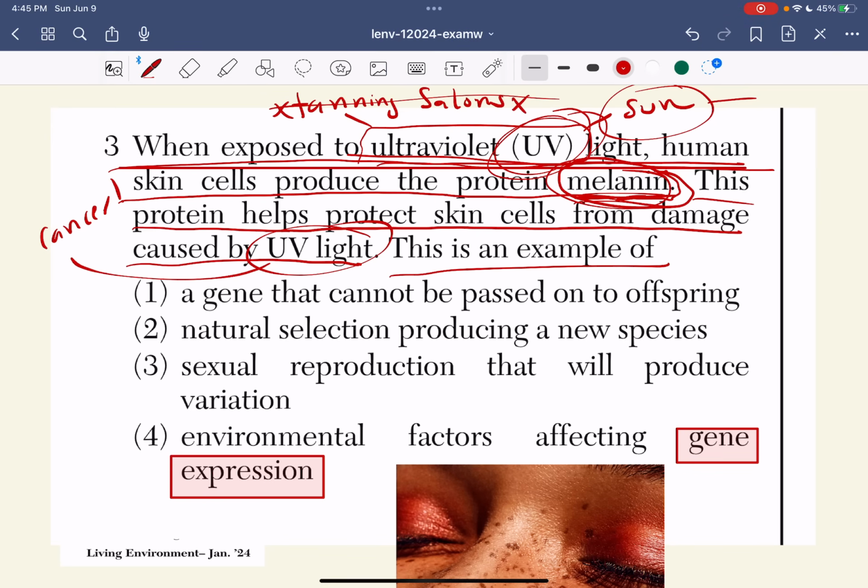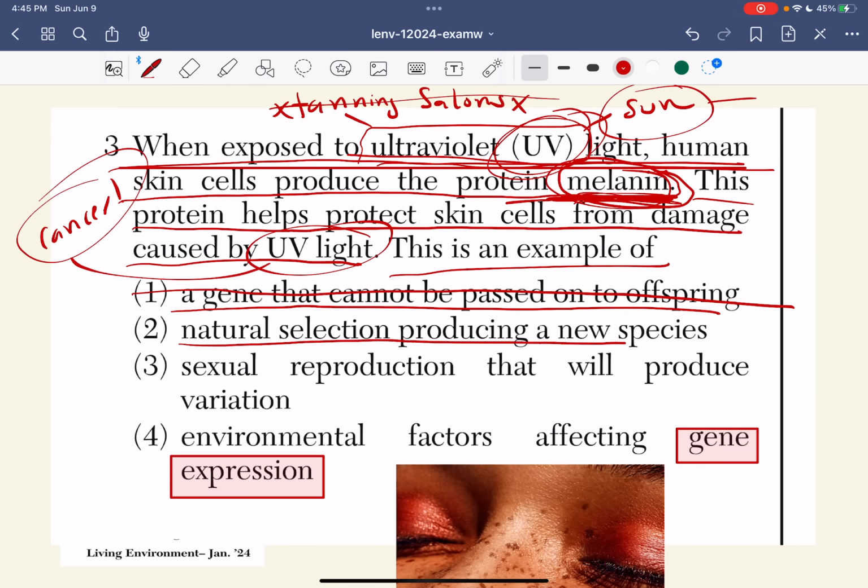What is the question? So when your skin makes melanin to protect you from the sun's harmful rays that can potentially cause cancer, this is an example of, well, let's see, a gene that cannot be passed on to offspring. That is incorrect. That's not what it's referring to. Natural selection producing a new species. Are we producing new species? No, we're not. We're protecting our skin from the sun's rays.